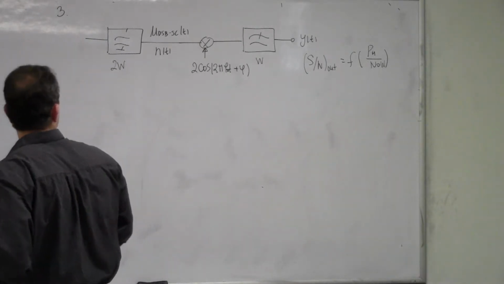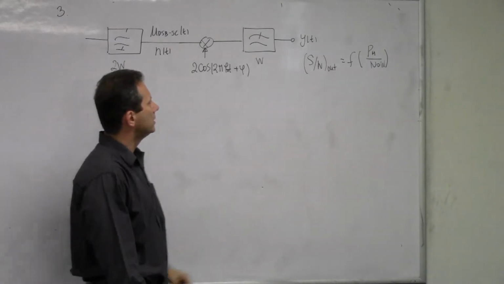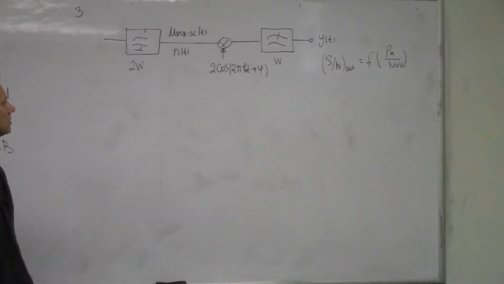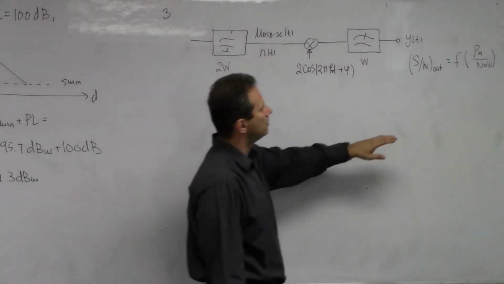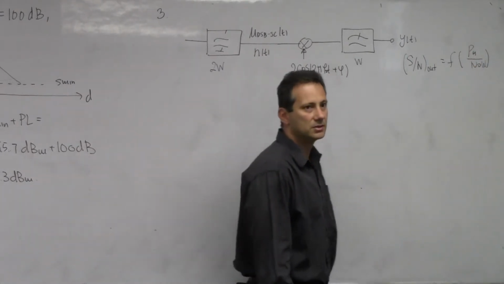All right, so how do we do that? This is just one of those problems. You work out through the chain here, and you calculate your signal-to-noise ratio, and hopefully we'll be able to express it as something that functions with these terms.